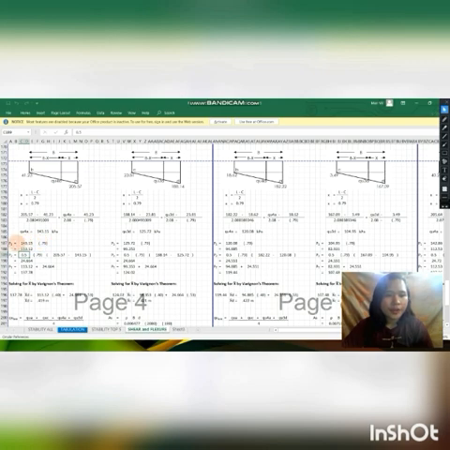So for our first area, we have this part here, which is a rectangle, and for the second one, it is a triangle below here. And we will get its P total, which is 137.78. The same goes for this part here, A1 plus A2, and the P total is 124.02.